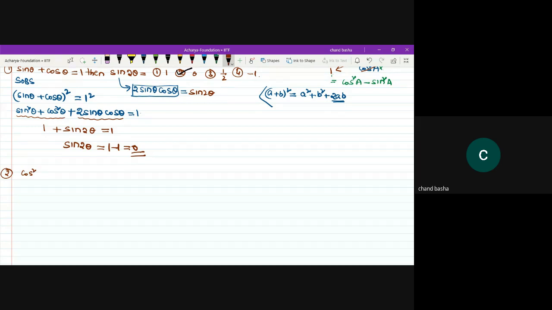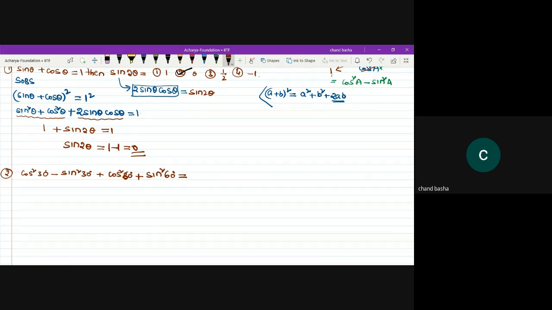Number 2. Cos square 30 degrees minus sin square 30 degrees plus cos square 60 degrees plus sin square 60 degrees is equal to how much? The question is very simple.